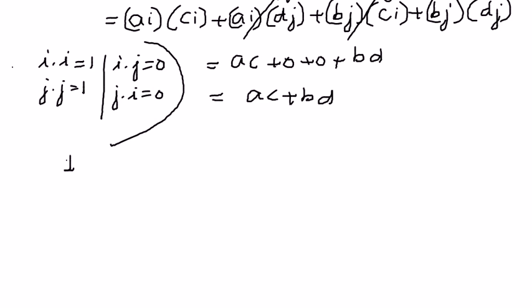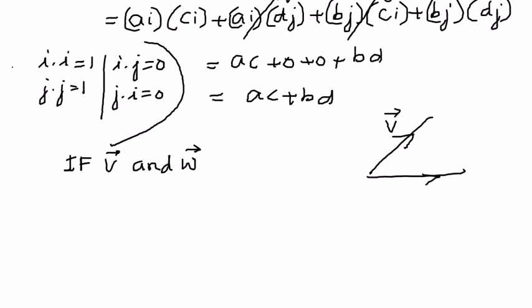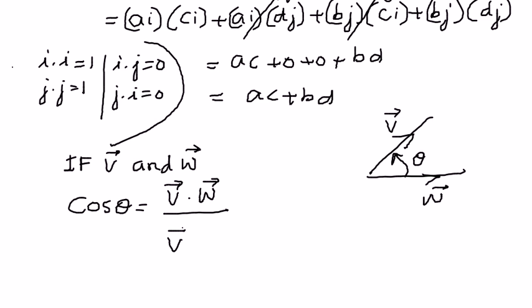If this is vector V and if this is vector W, and the angle between these two vectors, if we represent that as theta, we know that cosine theta is equal to vector V dot vector W divided by the magnitude of vector V times the magnitude of vector W. Okay, so these are some of the properties related to vector operations in 2 dimensions.